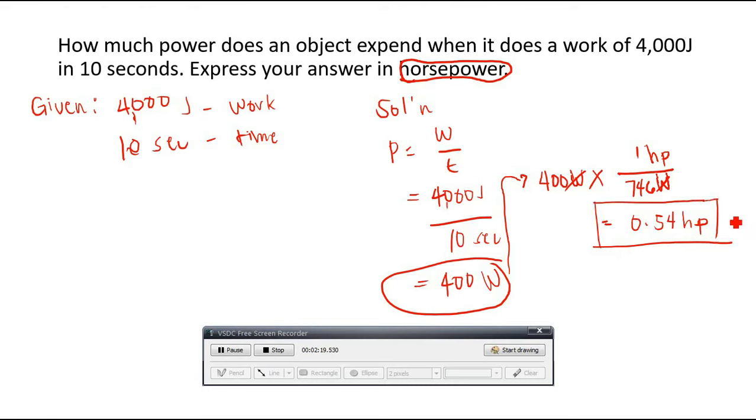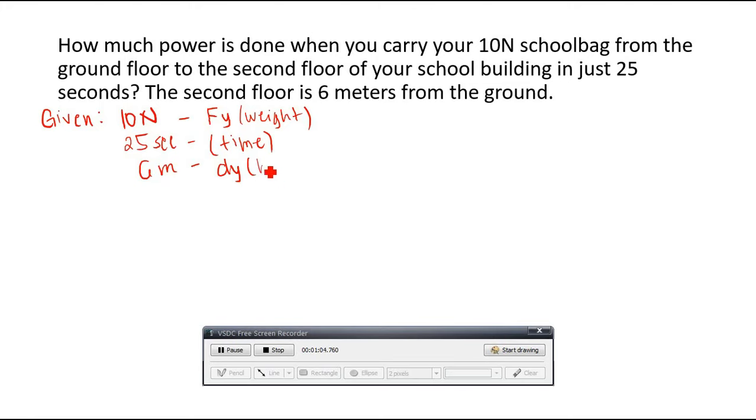We have 10 Newton, 25 seconds, and 6 meters. 10 Newton is your weight, or this is your Fy. This is your force, the weight of the school bag. Then 25 seconds is your time. And 6 meters is your dy, or the height of the building.